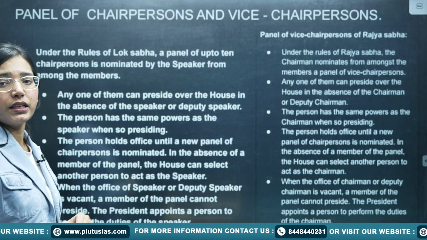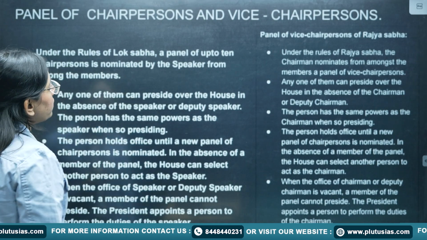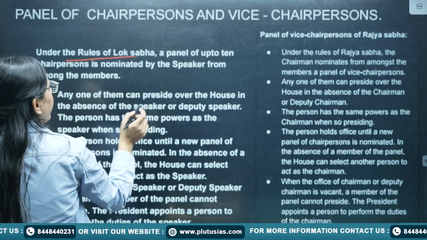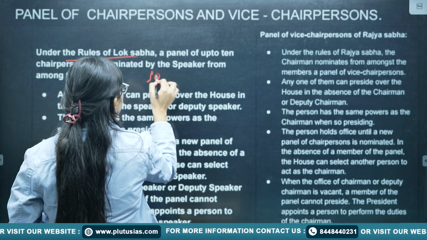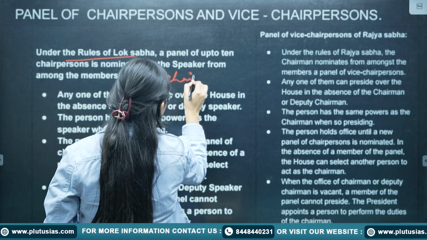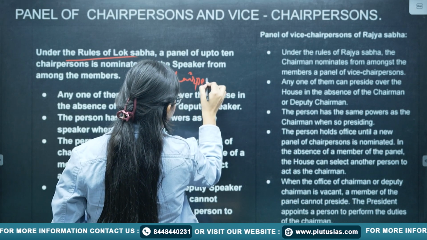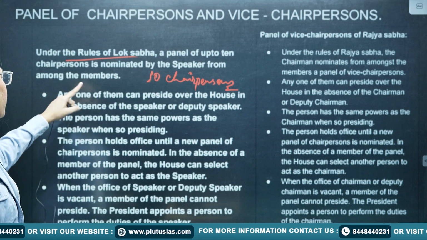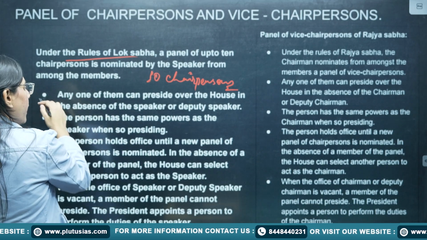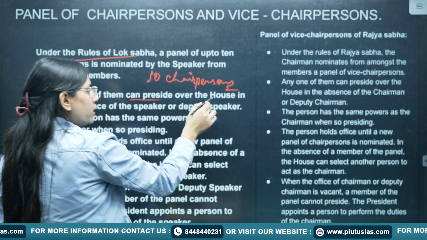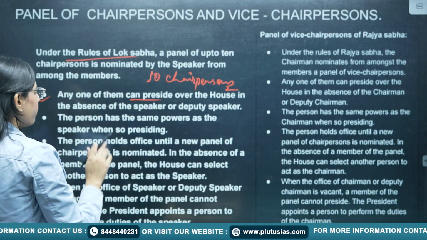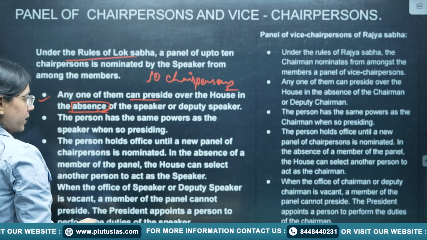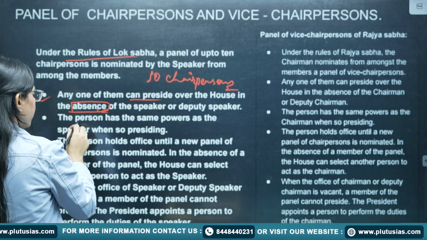After that, you can see the panel of chairpersons and vice chairpersons. Under the rules of Lok Sabha, a panel of up to 10 chairpersons is nominated by the Speaker from among the members. Any one of them can preside over the House in the absence of the Deputy Speaker or the Speaker.